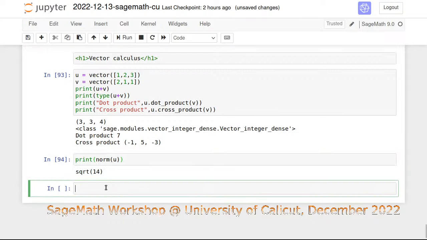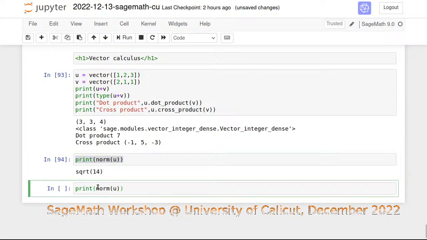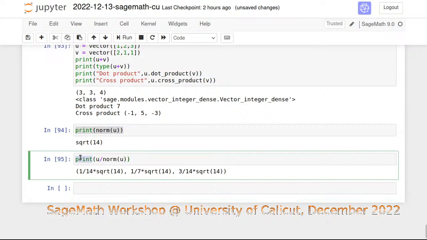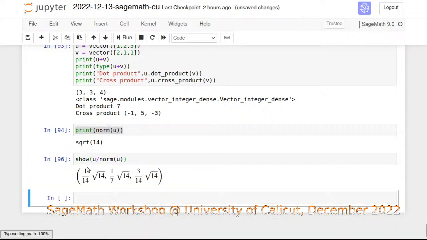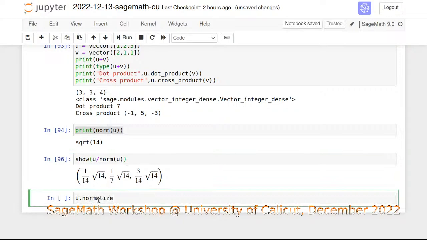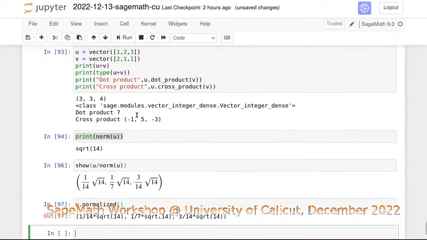This is square root of 4, and to get a unit vector in the direction of u, take, let's see if it works, u by norm u. Yeah, it actually works. But instead of using u by norm u, you can actually have u normalized. That also will work.